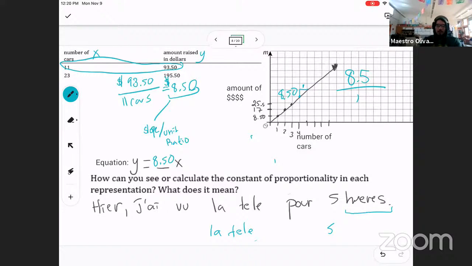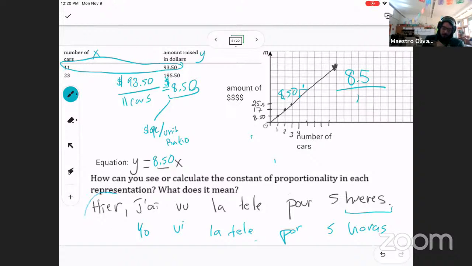This word, Canal 5. No. Okay, how about this? Maintenant, il est 12h20. Ooh, yes, Surami. Yes. Yo vi la tele por 5 horas. What? Oh my God.